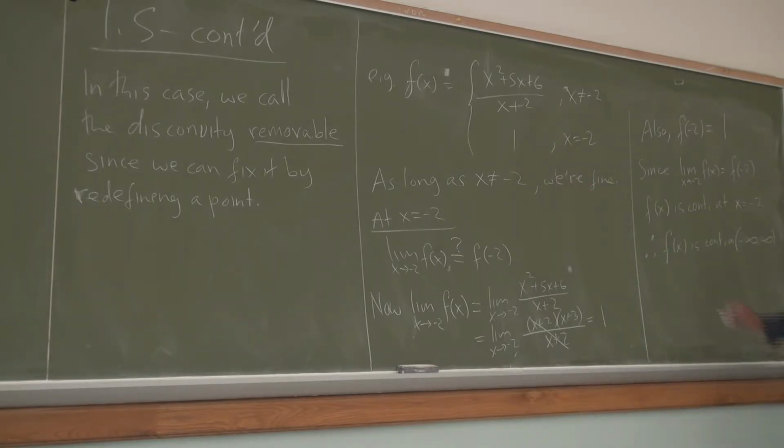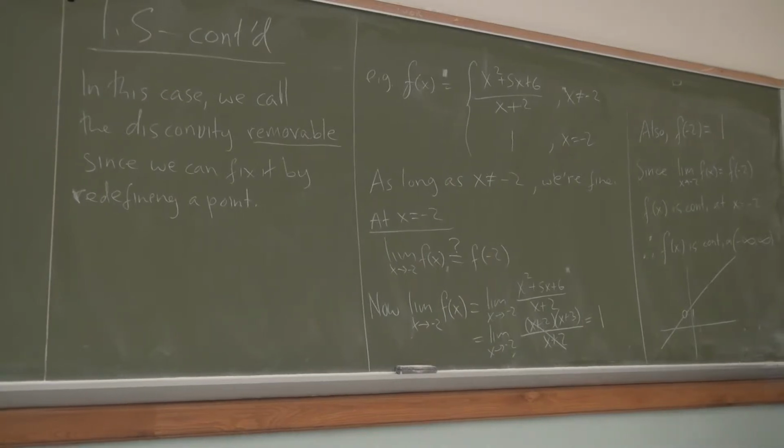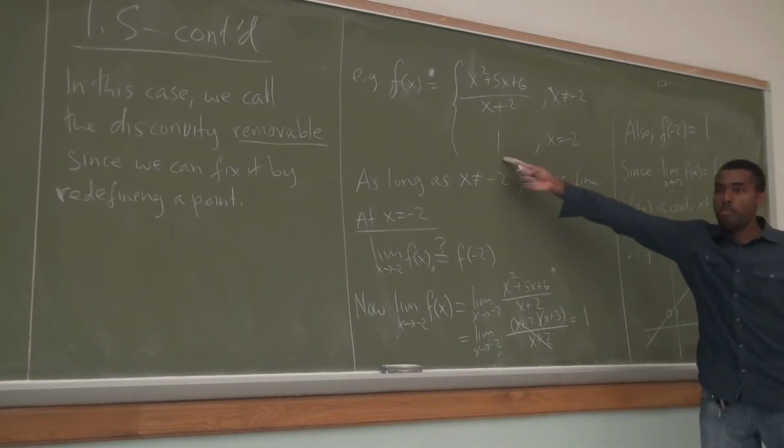So what happens is this graph actually looks like that, but there's a hole in it at minus 2, which is going to be here, roughly. That hole happens to be at the level 1. And then we just said, at this point, make that the value.